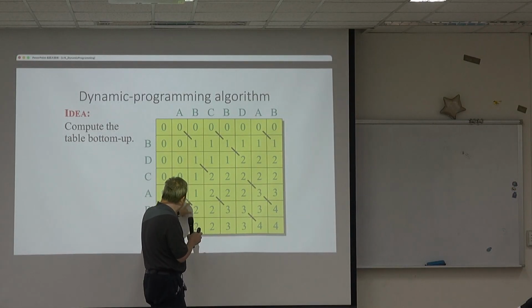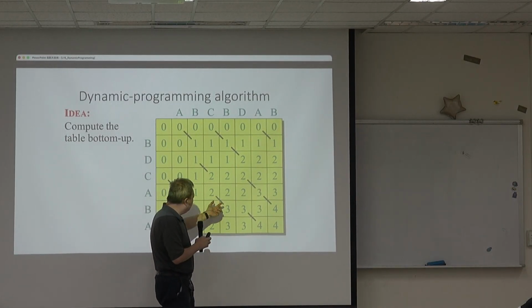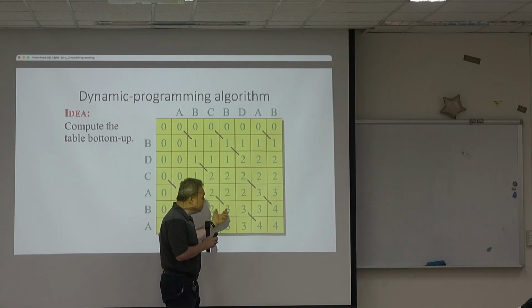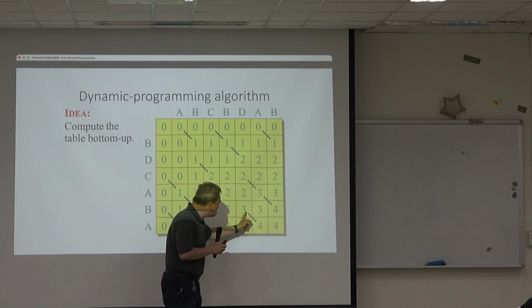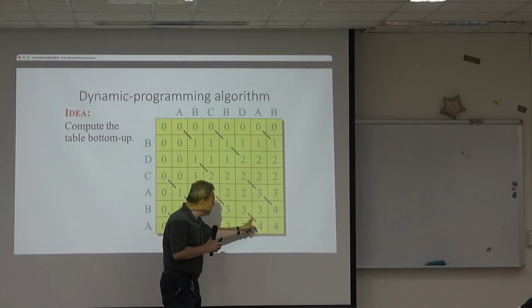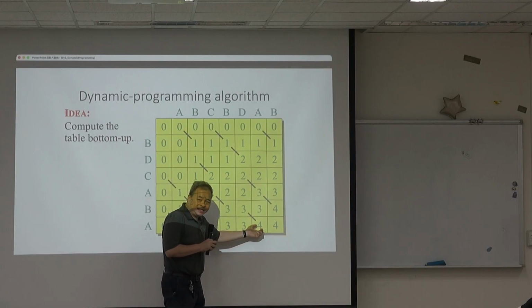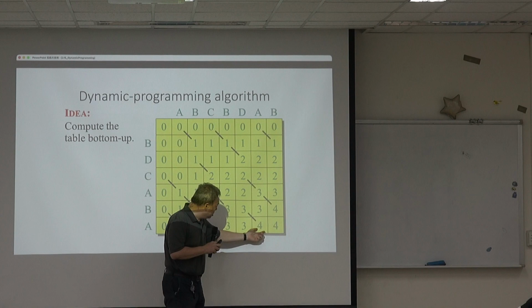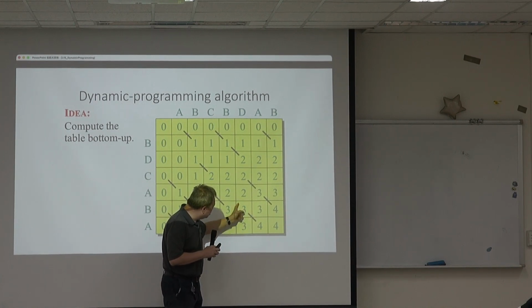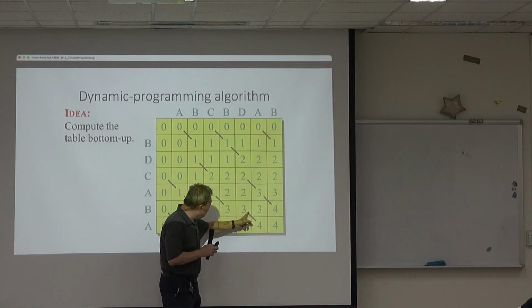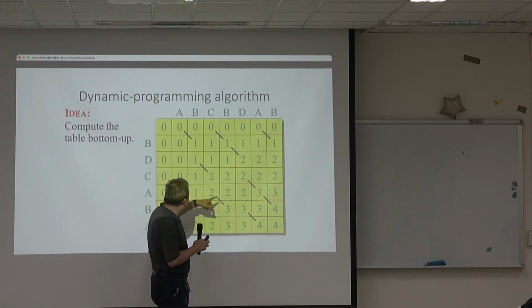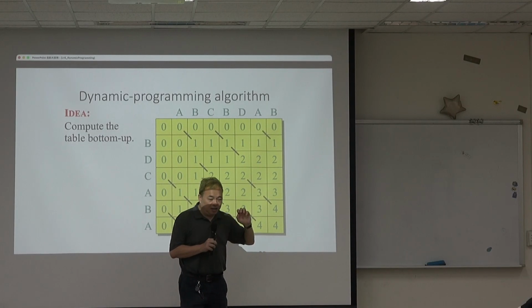For example, this cell comes from this diagonal, meaning that there's a match at the last character from these two prefixes. So this 4 comes from the diagonal 3 plus 1. So you want to mark those diagonal places.